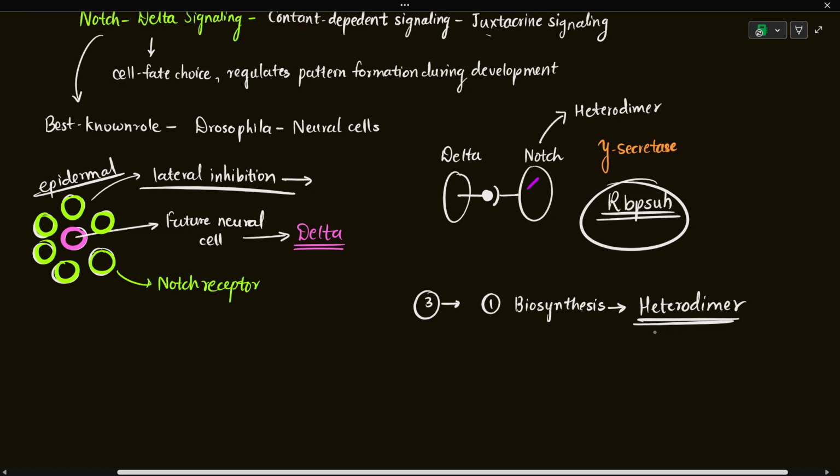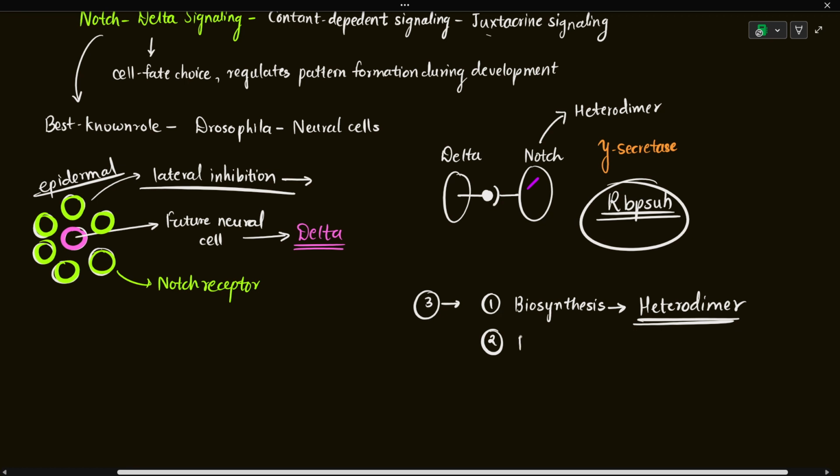Once this heterodimer is formed, this fully formed receptor, also known as the mature receptor, will be transported to the cell surface over the plasma membrane. At some point it will react with the Delta receptor, and once it does, the other two cleavages are triggered.